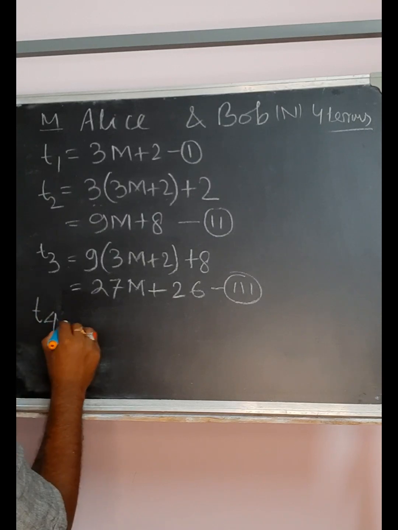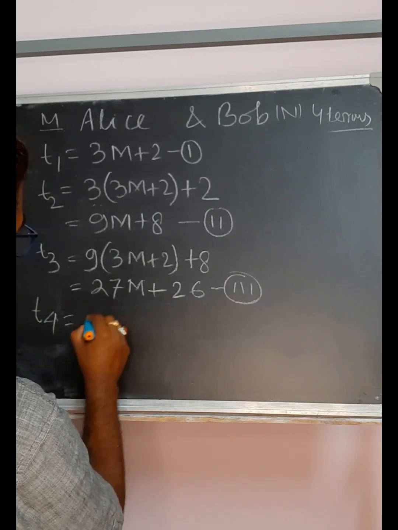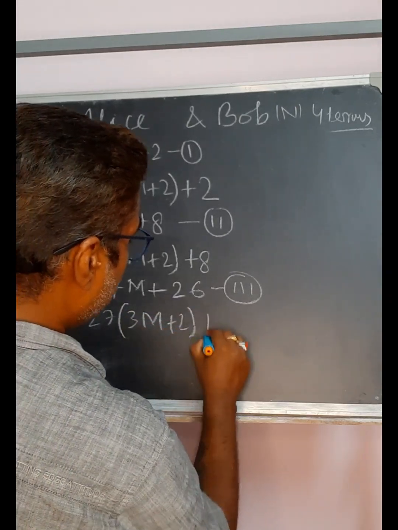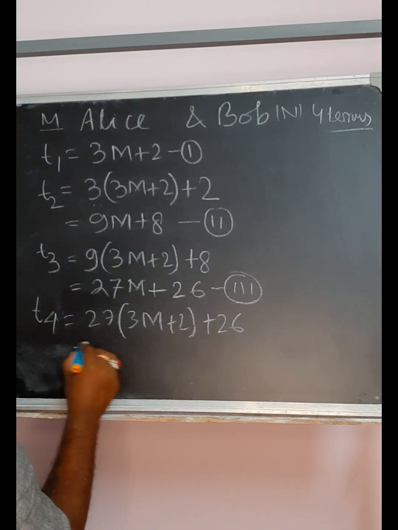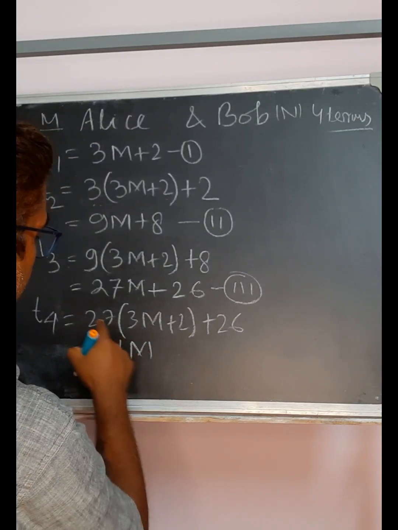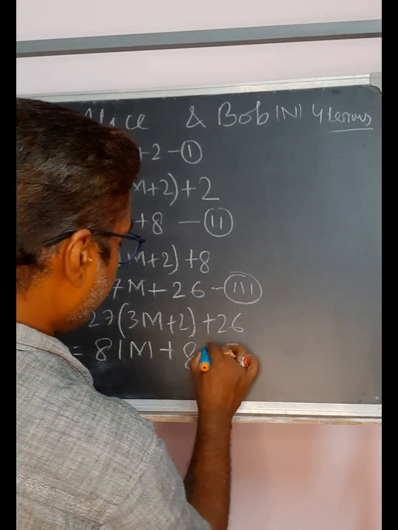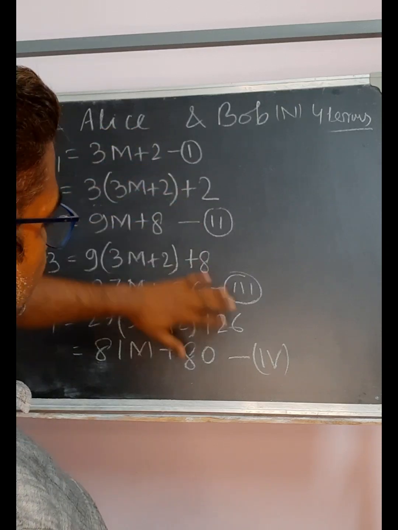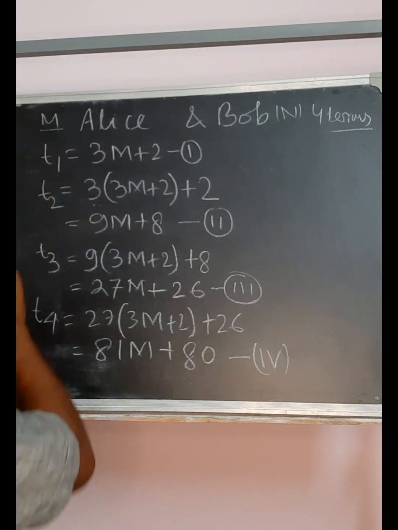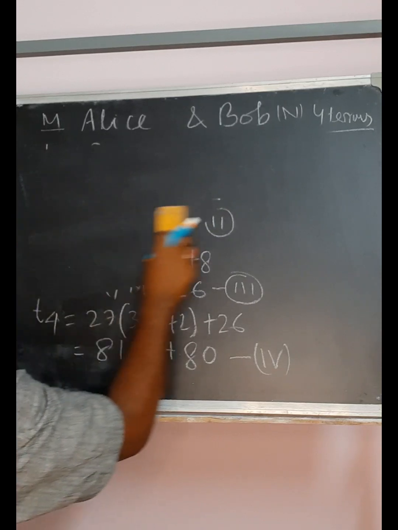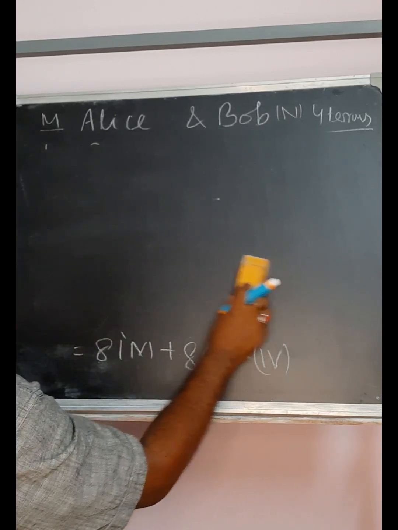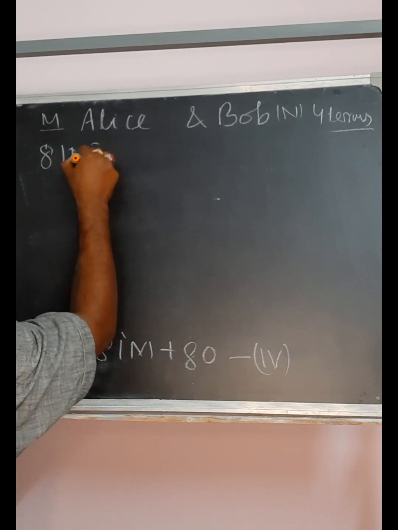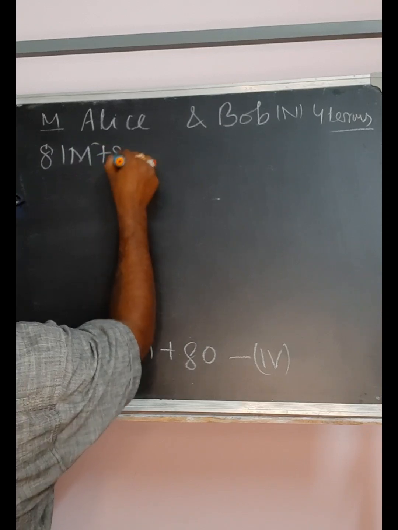The fourth term becomes 27 into 3m plus 2 plus 26, so that becomes 81m plus 54 plus 26, which is 80. So this is the end of the fourth term of play. The end result I am writing at the top, and this is the final result with which we will proceed. After the fourth level of play, she got this one.